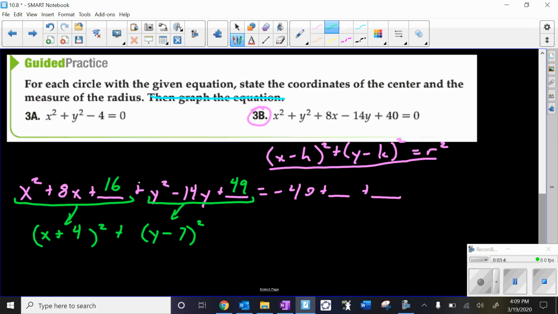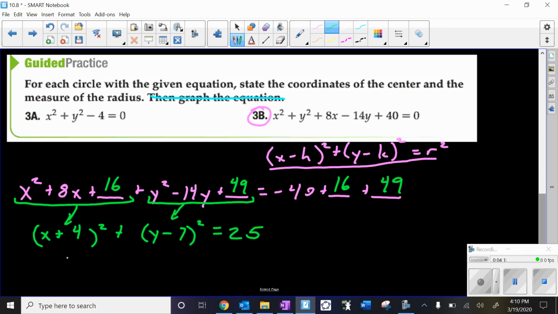Since I wrote 16 and 49 on the left side, I need to add them on the right side as well to keep everything the same. If I take negative 40 plus 16 plus 49, that gives me a value of 25. And there's the standard form of your equation of a circle. Now we can state the center and the radius.